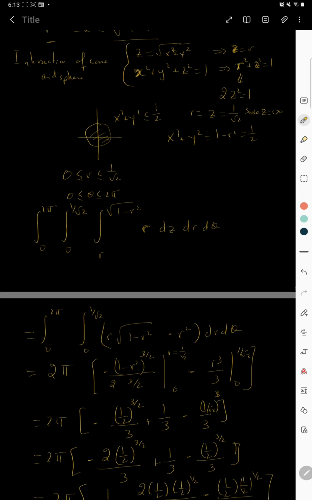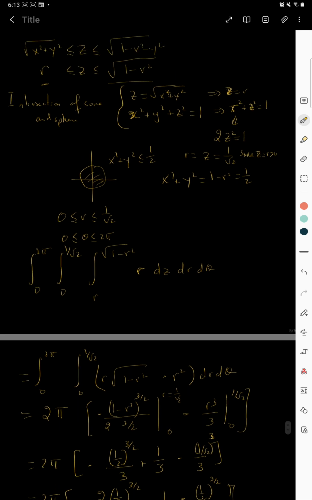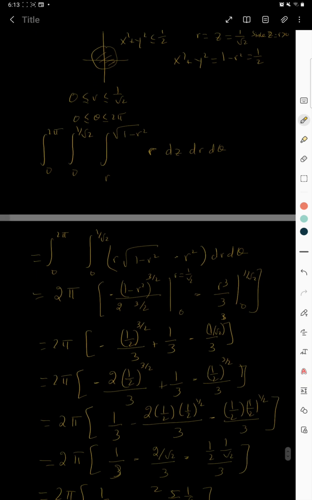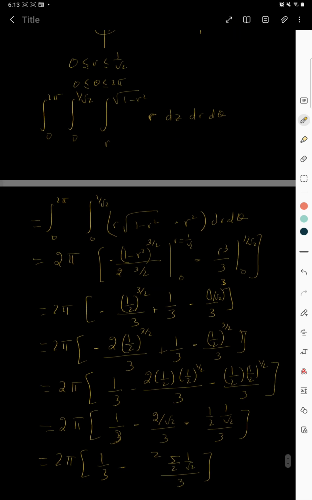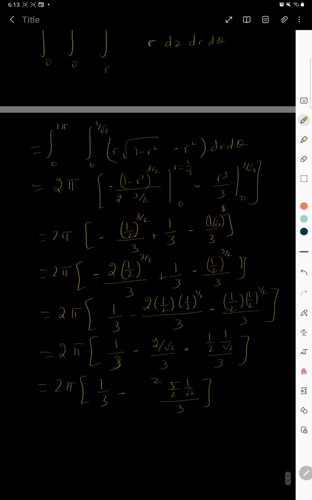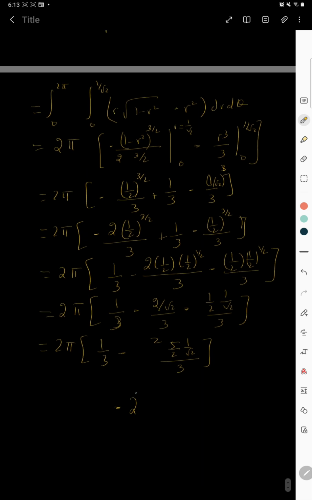Let's double check. 1 over root 2, sure, that should be good. One over root 2 cubed, yeah. That should be fine. Plus 1 over 3, that's good. Minus 1 over root 2 cubed over 3. So, I mean, we could do this way.